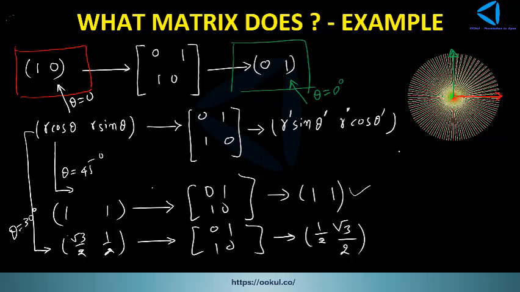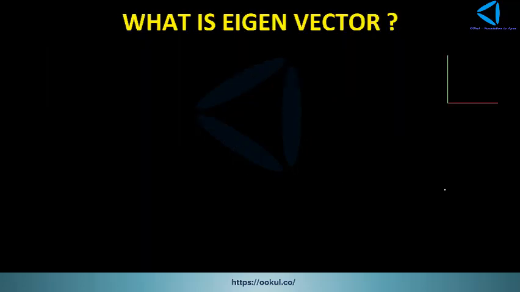Okay, moving forward, we have understood what a matrix does. Now we will see what an eigenvalue is. Okay, the definition: you have a matrix and you are giving a vector x and it is giving a vector Ax.